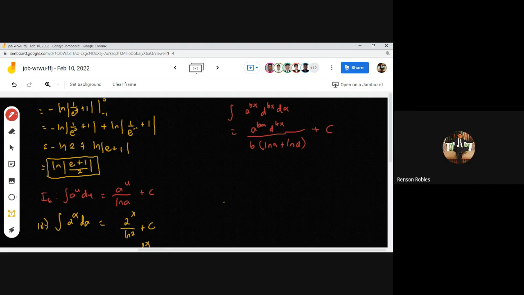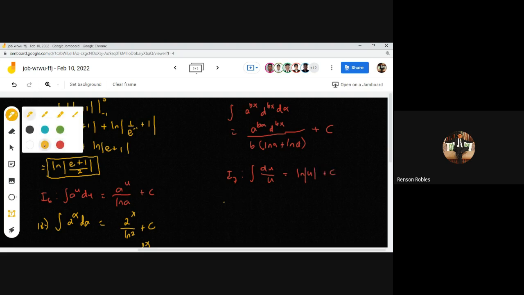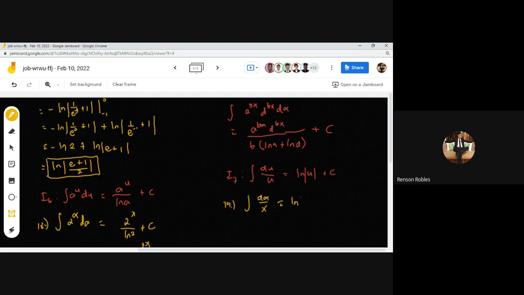And then again, going back to ln, I7, that's integral of du over u is ln of u plus c. You have integral of dx over x, that's ln of x plus c.